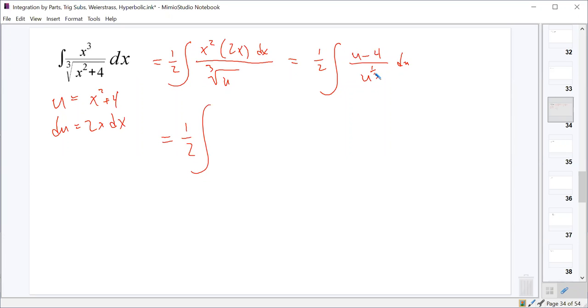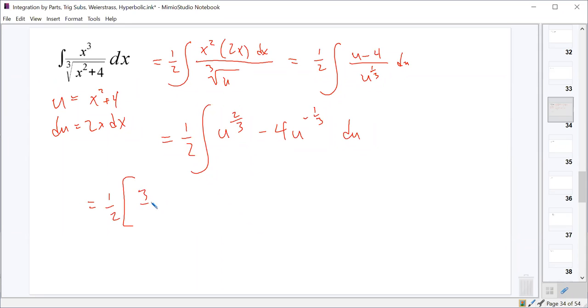Can't I just make this u divided by u to the 1/3, or u to the 2/3, and then minus 4u to the negative 1/3? I just divide them both. Good or no? Everybody good with that? Okay, hopefully so. And then what do we end up with?